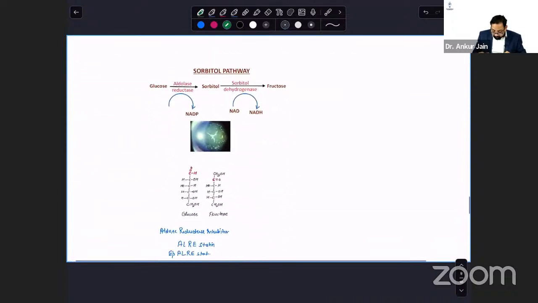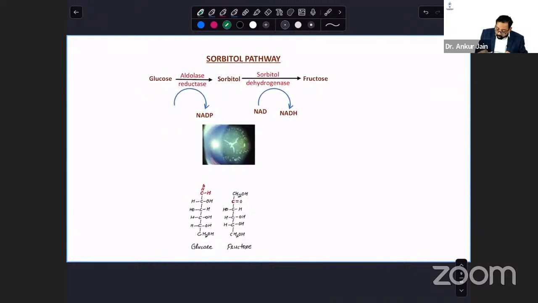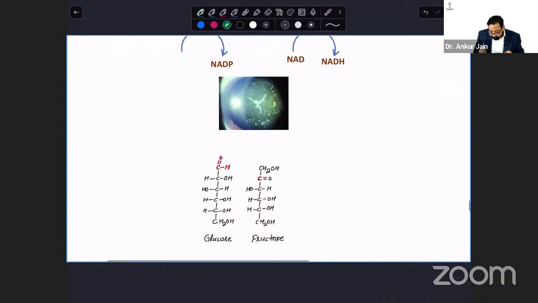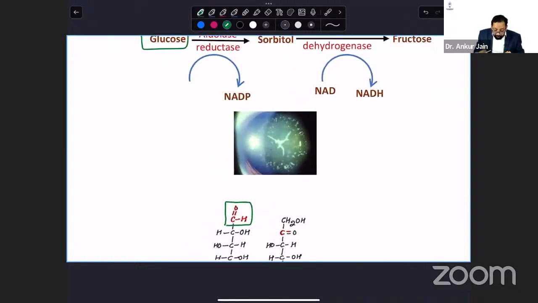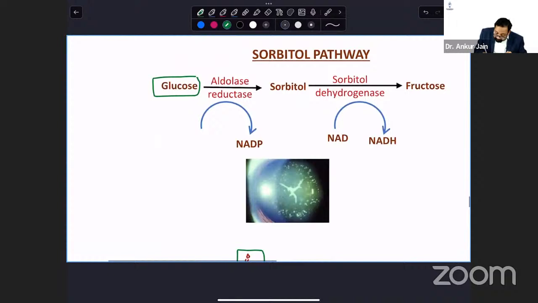Now, sorbitol pathway. You know glucose. Glucose has the formula C6H12O6 and at carbon number 1 there is an aldehyde. There is an enzyme aldose reductase.